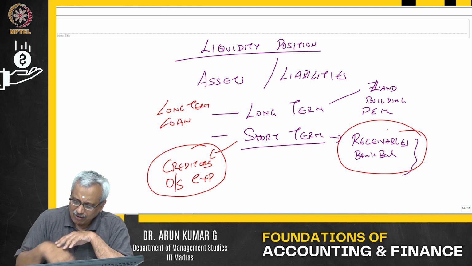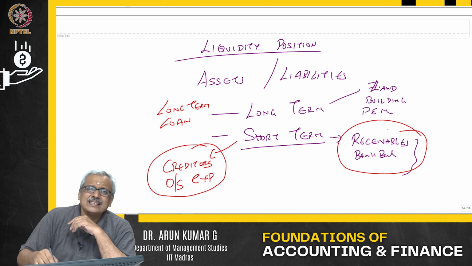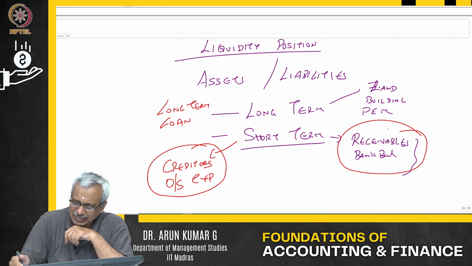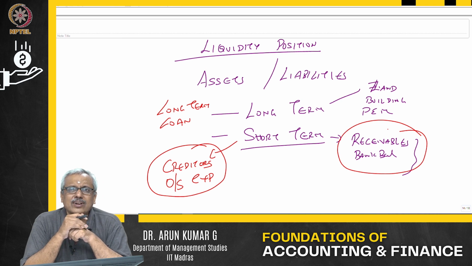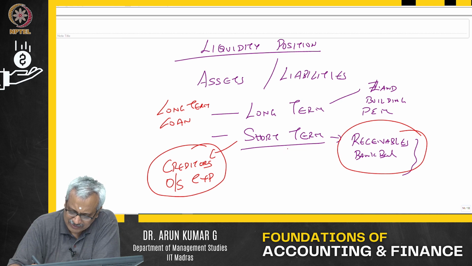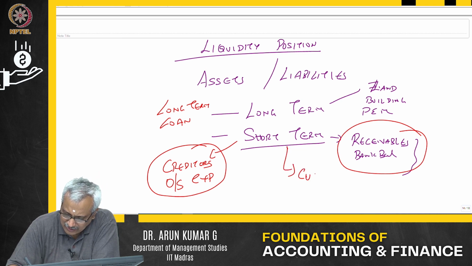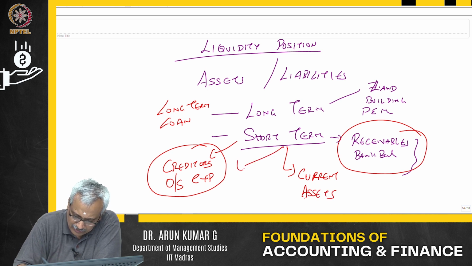So what is happening? All my short term liabilities, I am meeting with my short term assets. The short term assets are always called current assets, and these are called current liabilities.